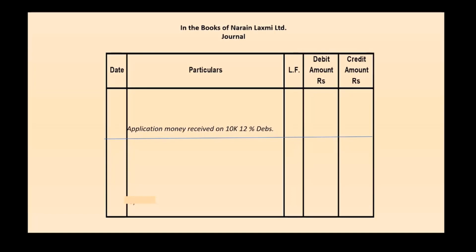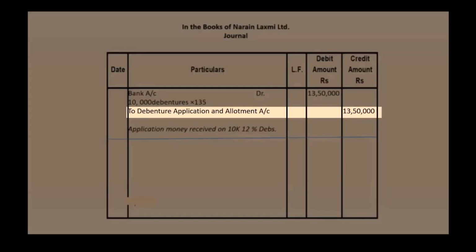The first is pretty straightforward. 10,000 debentures at rupees 135 each, amounting to rupees 13,50,000. The bank account has to be debited on receipt of money, and the temporary debenture application and allotment account is credited.